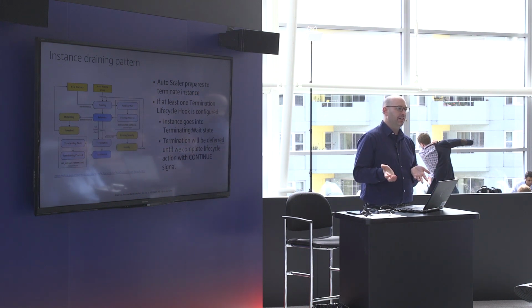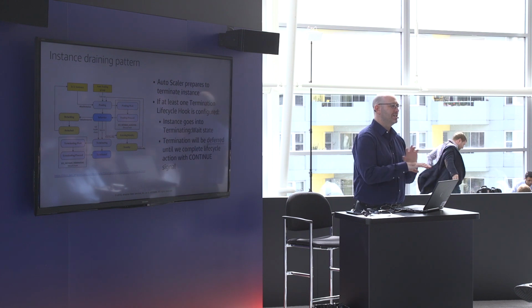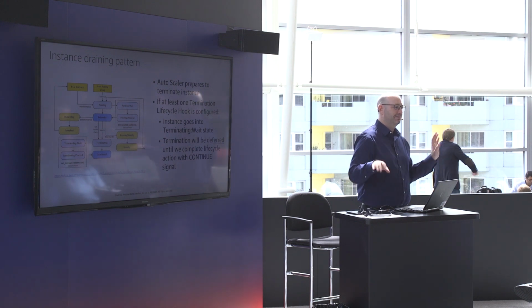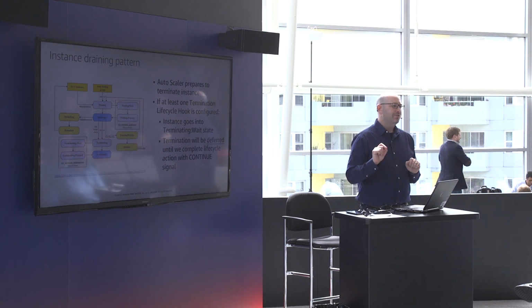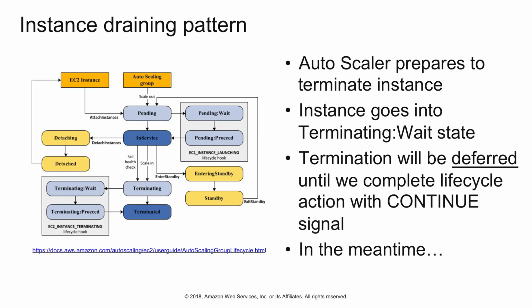Once it transitions into that state, the instance is still alive, doing whatever is currently running on it. But the autoscaler is now waiting for an API invocation that says, okay, you can now continue with termination. That's called a completion. So termination will be deferred until we complete the lifecycle action with a continue signal. And we declare these termination lifecycle hooks on most of our autoscaling groups at Segment.